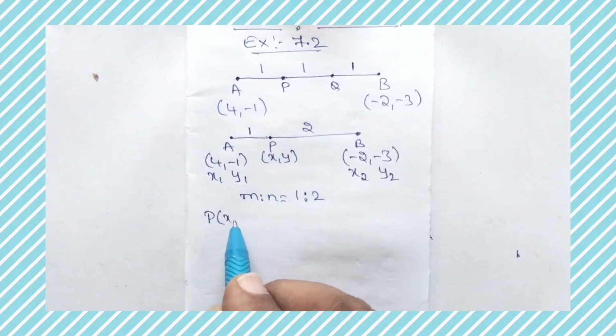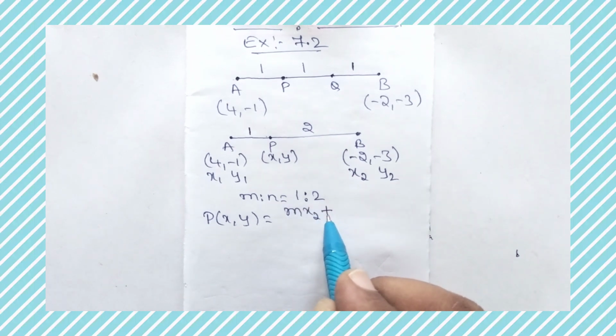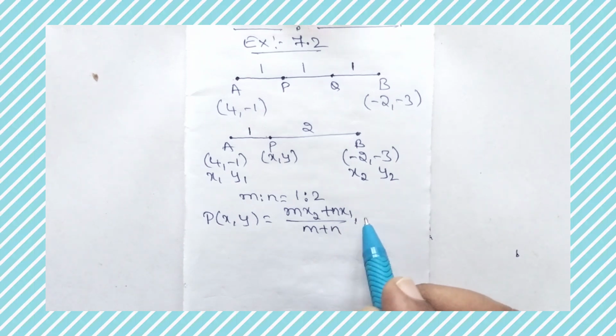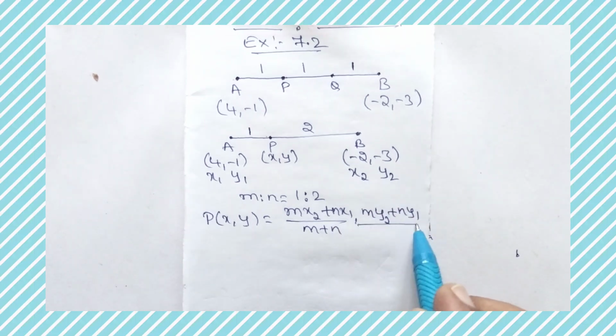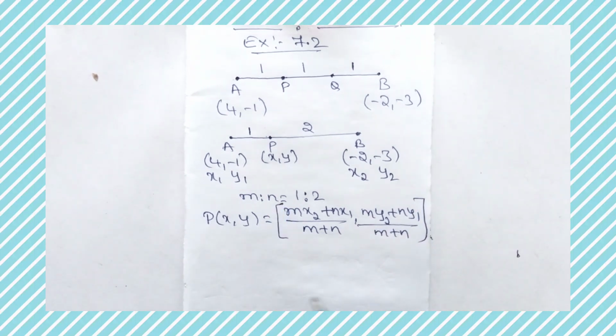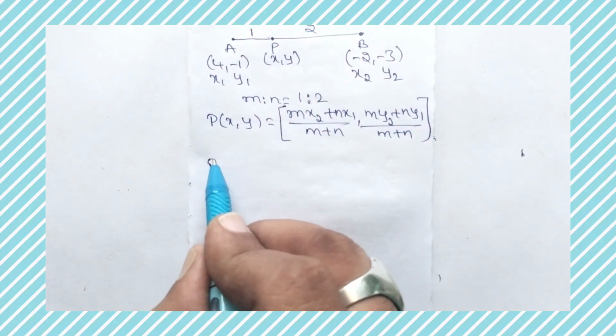So P x comma y is equal to mx2 plus nx1 divided by m plus n comma my2 plus ny1 divided by m plus n. Now Px comma y we don't know.